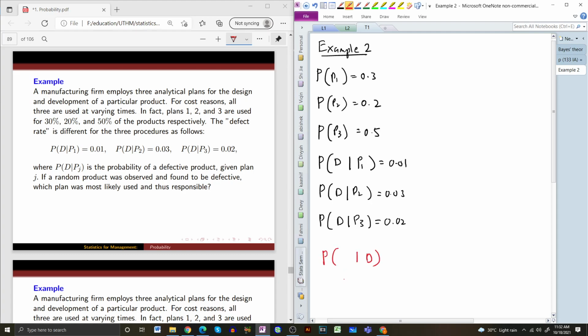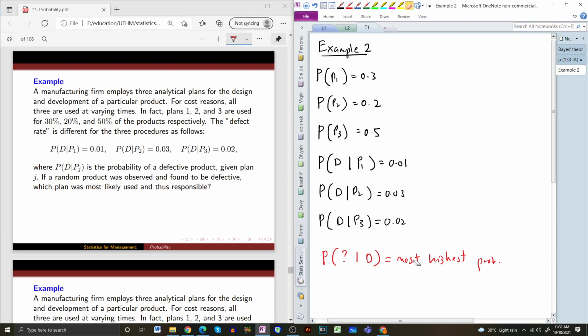Which plan was most likely used and thus responsible? So if it is defective, okay, random product is defective, which plan will give you the highest probability?